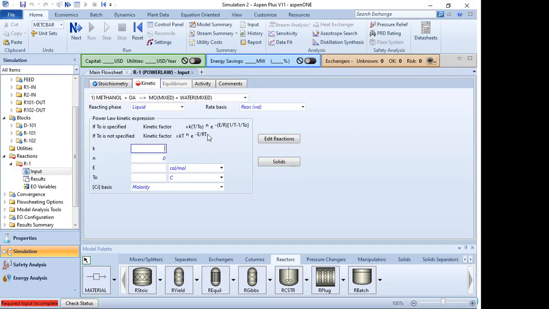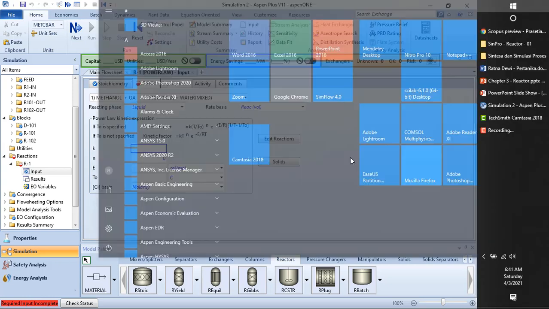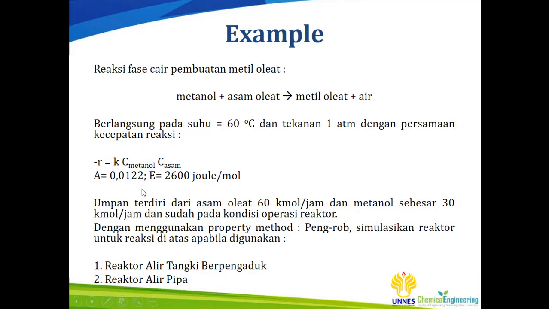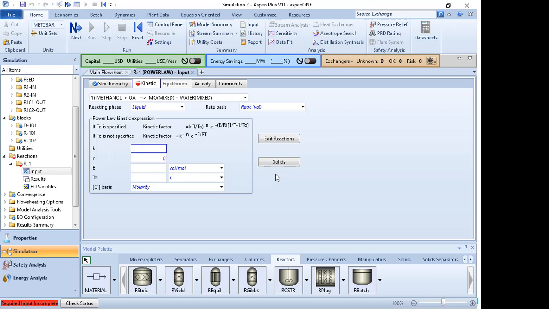It is the same equation here: k times T to the power n times exponential of minus E per RT. It means that k equals A in the PPT slide. So the value of k equals the Arrhenius or kinetic factor, which was 0.0122.